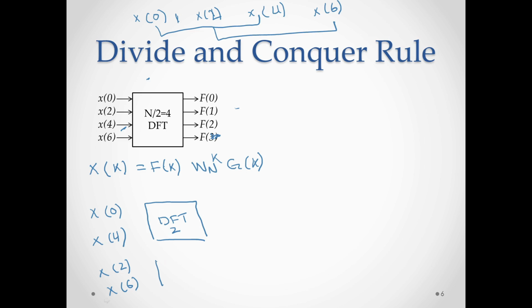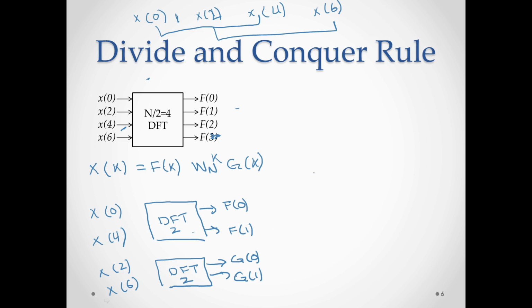Similarly, this block would also be another 2-point DFT, and the answer that we will get over here would be basically f of 0, and the next term would be f of 1, whereas the odd entries over here would be g of 0 and g of 1.